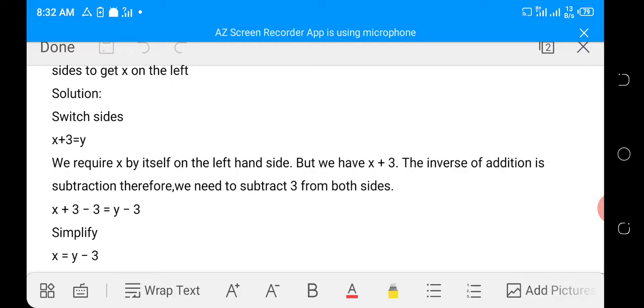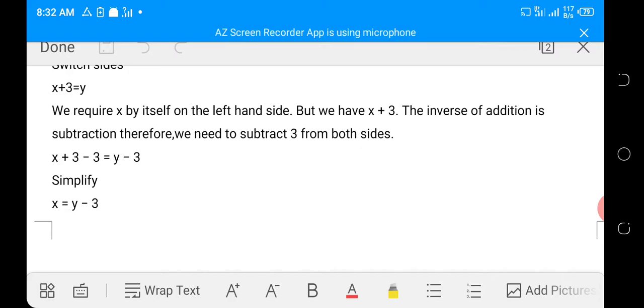So we subtract that 3 from both sides, and that will give us x plus 3 minus 3 is equal to y minus 3. And when this is simplified, it gives us x is equal to y minus 3. Now, x is the subject of the formula because x is standing alone, while y minus 3 is at the other side.